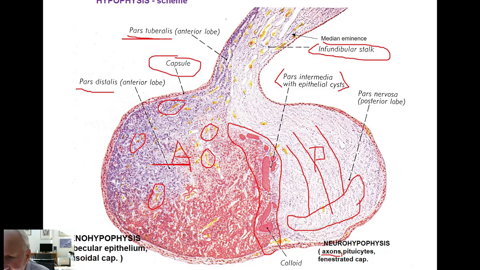So here the axons are ending, so that the two hormones which are produced in the hypothalamus can get without any problems into the blood from the axons by exocytosis, and the cells of neuroglia in the neurohypophysis are called pituicytes. So you see the nuclei of many pituicytes on the scheme. Good.